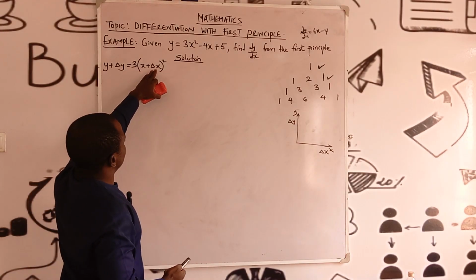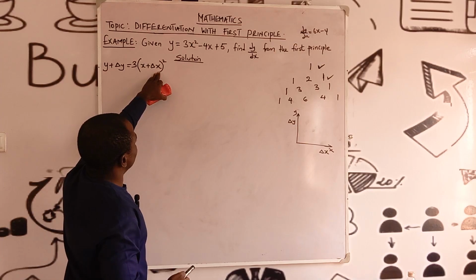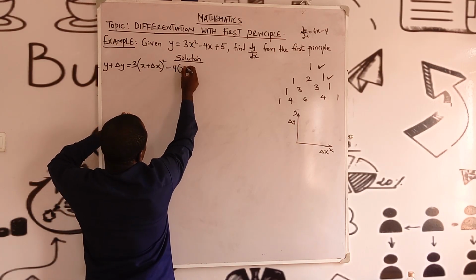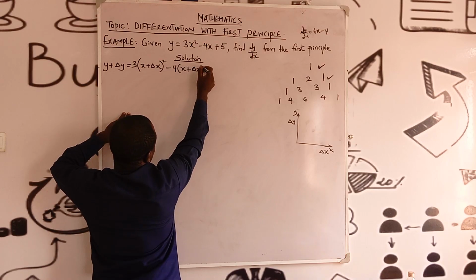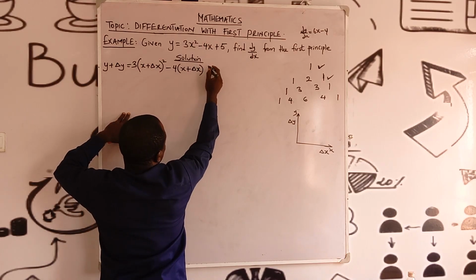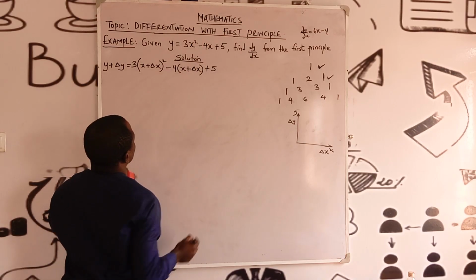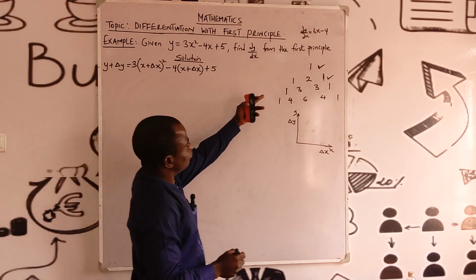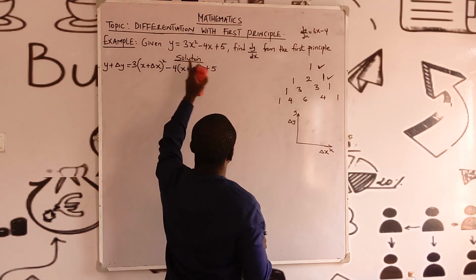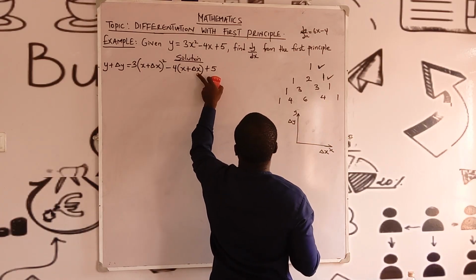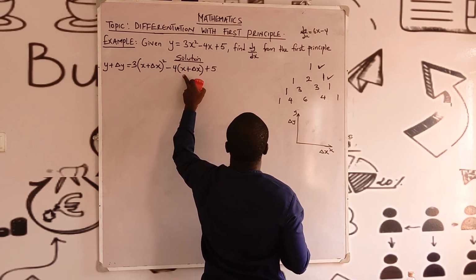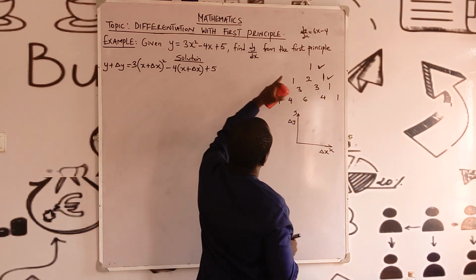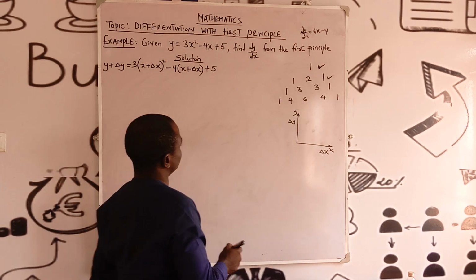Okay, and since you have a squared here, you have x plus change in x squared, minus 4 into x plus change in x. There's no square here, you don't square it, plus 5. That clear? I will show you when to apply this. Since you have it squared and the one that doesn't have square, that's ordinary x, you use this for this and this for the second one.